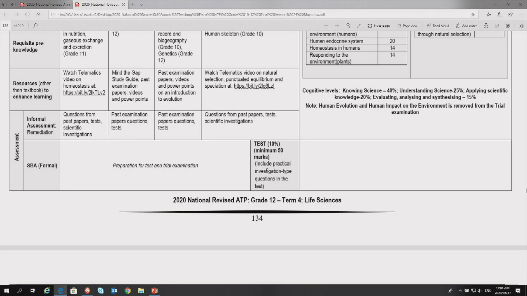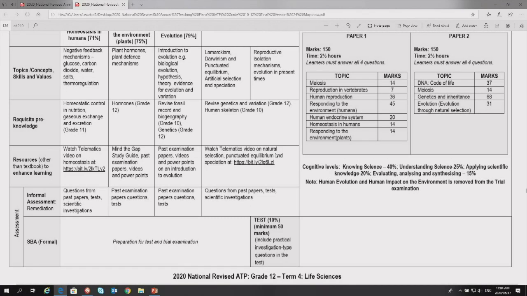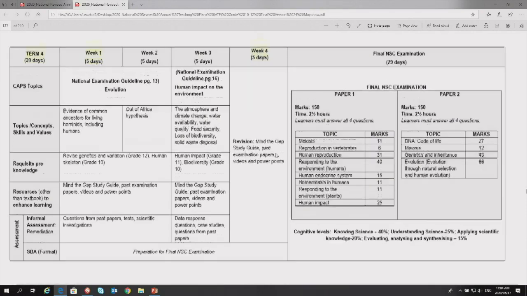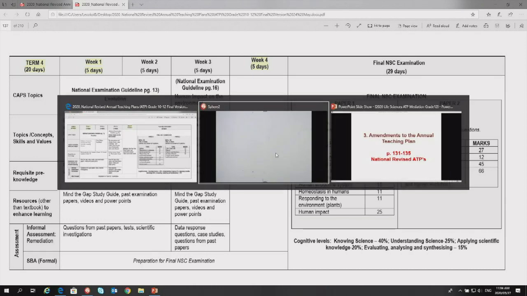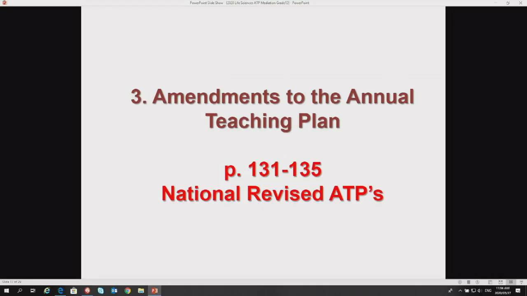So you have to include, because we know it comes in the final and the trial exams, questions on practical work, investigations, variables, hypotheses, etc. Right. So I think this will explain the annual teaching plan properly. So let me go back to the presentation.